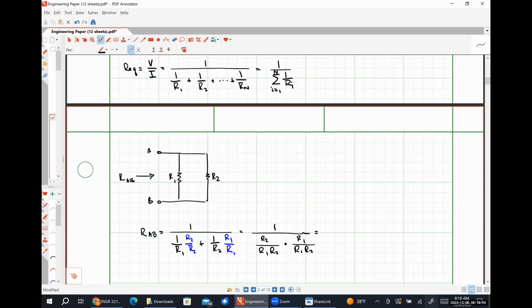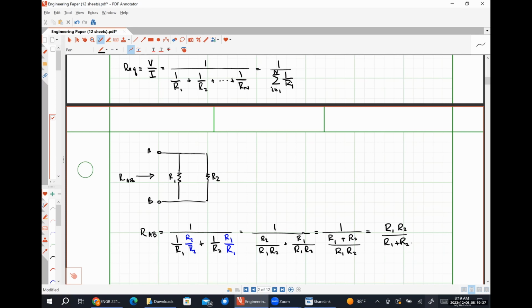So that's going to look like 1 over R1 plus R2 divided by R1 times R2. And since I have 1 over that fraction, I can just say that the whole thing is the reciprocal, or R1 times R2 over R1 plus R2.